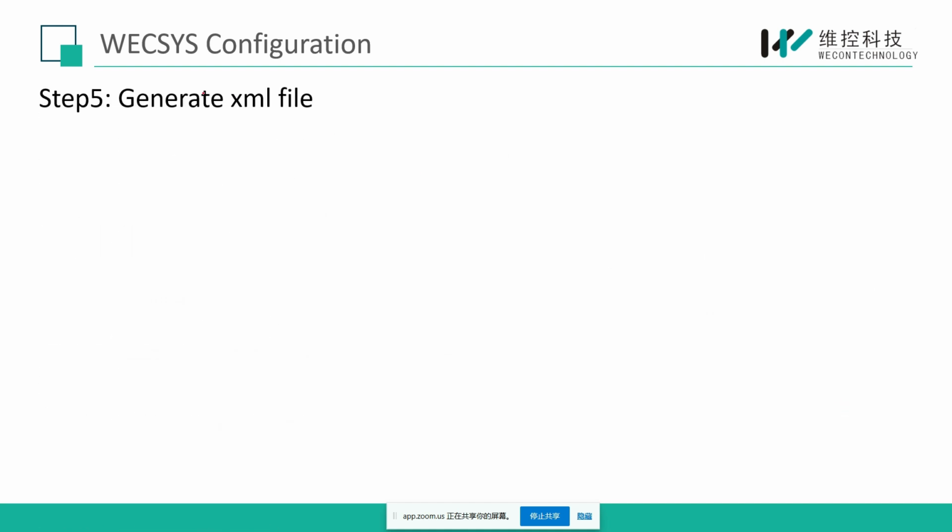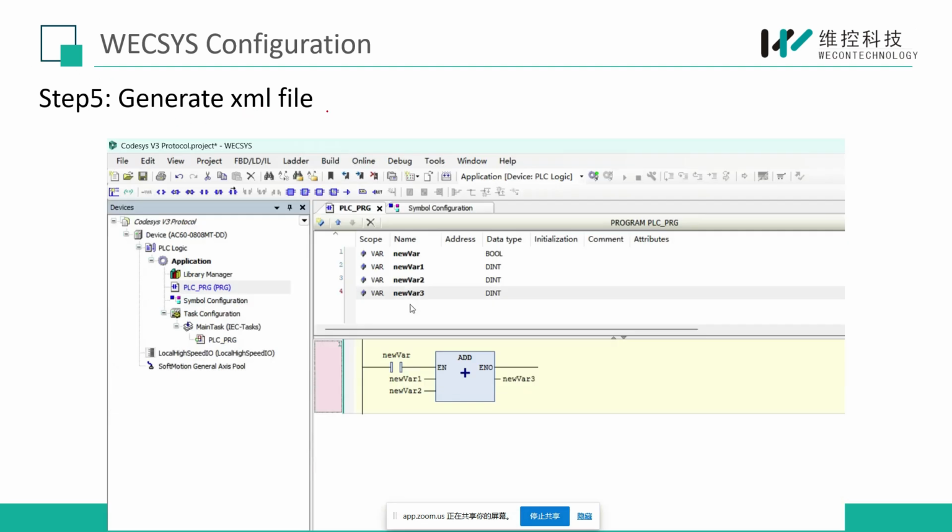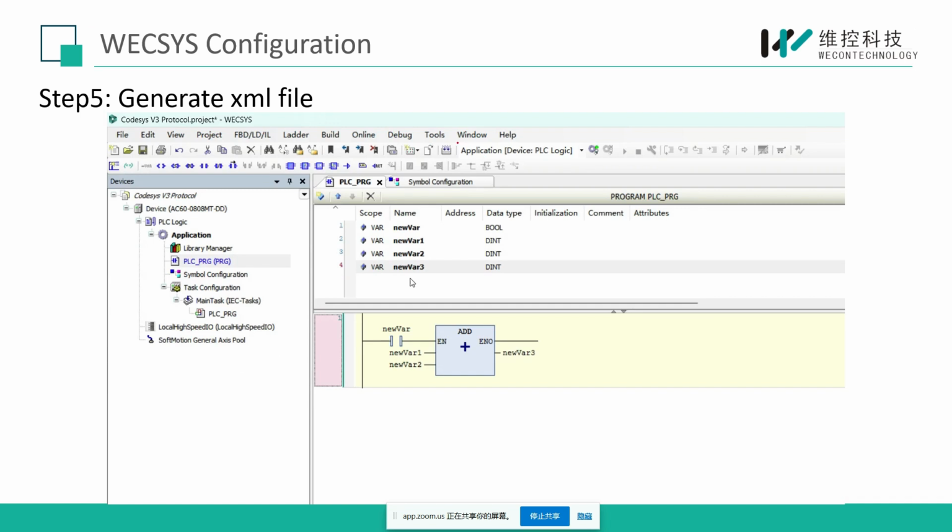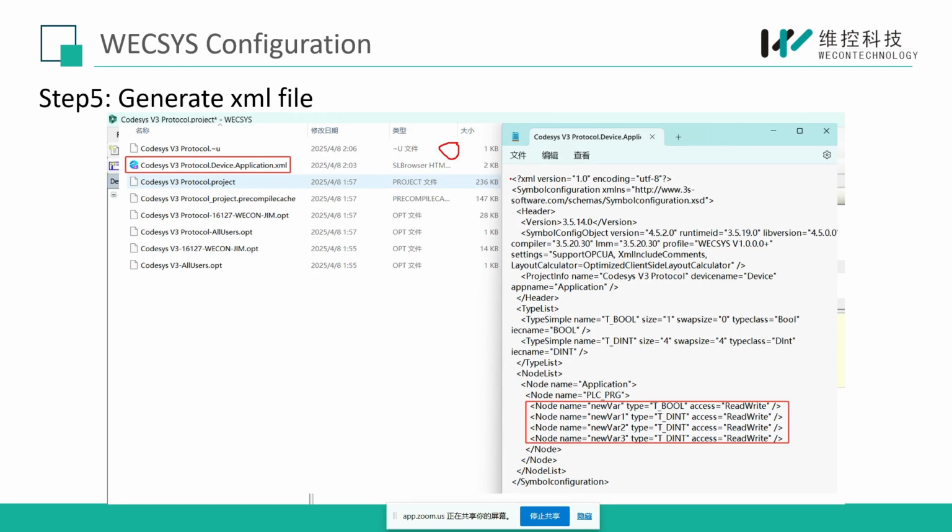Okay, the last step is to generate the XAML file. We can click compile to generate a XAML file, and after generating, in your PLC program location there will be a XAML file.